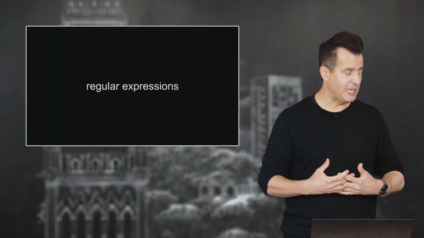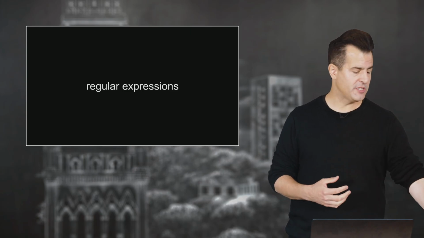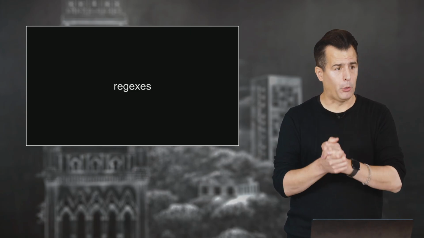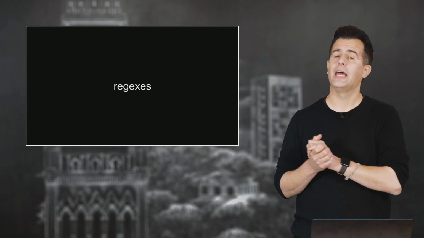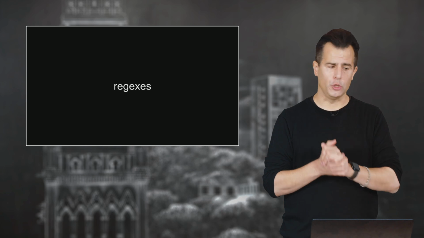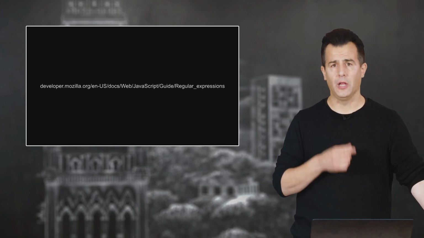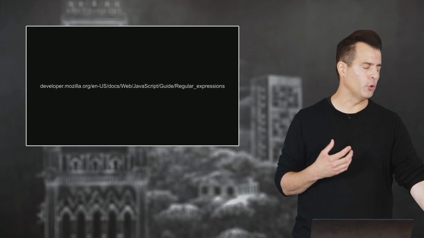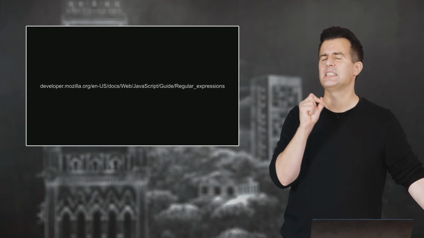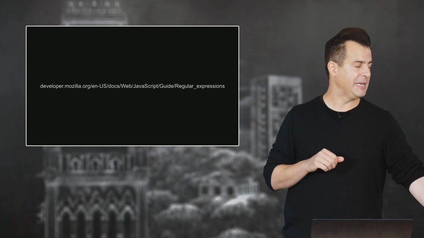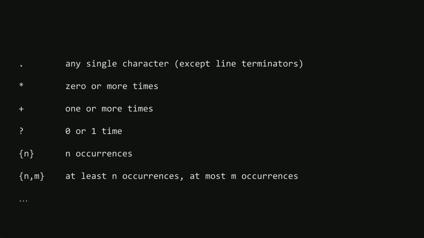A regular expression, otherwise known as a regex for short, is a pattern that allows you to validate input from users and make sure that that input matches some pattern. And this is a bit of a mouthful how you can do these. There's a whole bunch of documentation online, not only at this URL, but in Python's own documentation and in other locations as well. But I just wanted to give you a taste of the possibilities, because these are really everywhere in high-level programming nowadays, as well as in this context of HTML.